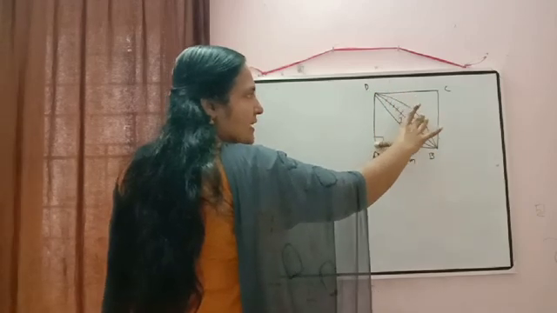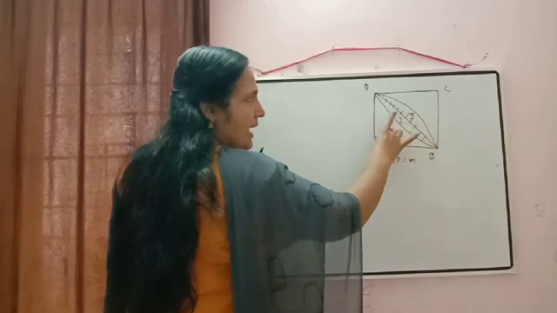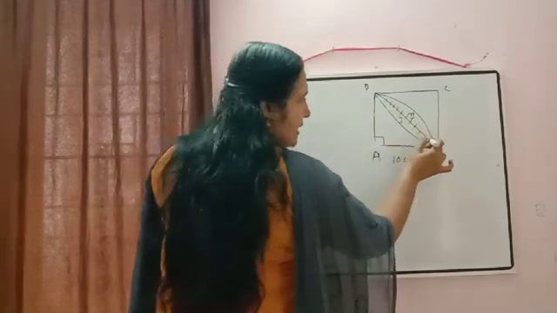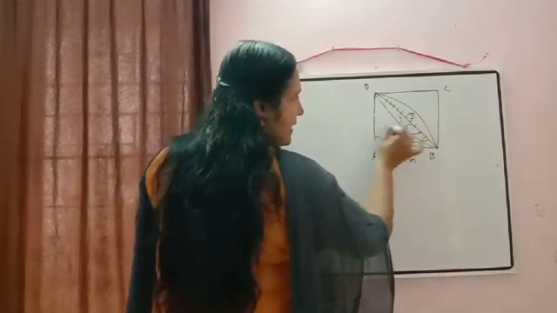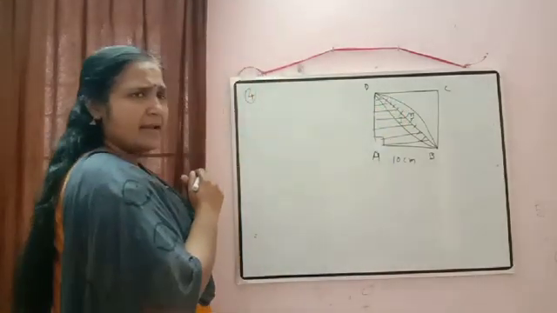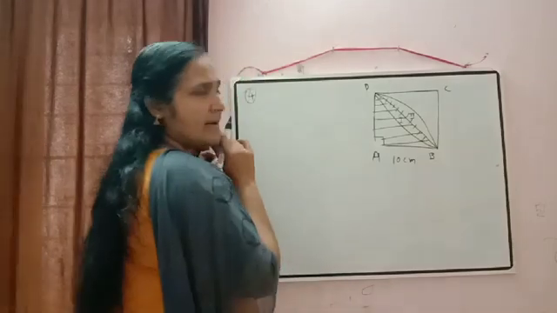Suppose till here total I have calculated, and from the area of the sector, if I subtract the area of triangle ABD, I will get the area of the second one.